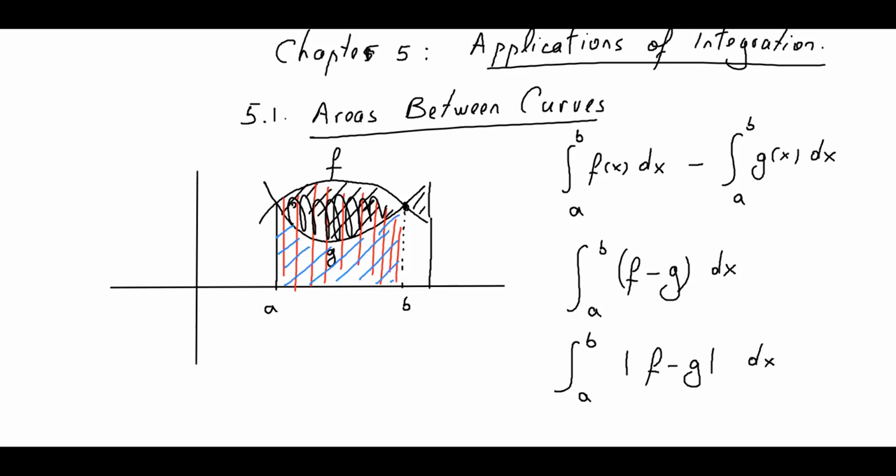Even if you get a negative result, you're still okay because all you have to do is drop that minus sign. So you can still calculate f minus g, basically just randomly choosing which one would be at the top without even drawing the picture. But again, the important thing is to find the corner. So you can do g minus f and you'll still be fine. Just remember to drop the negative sign.